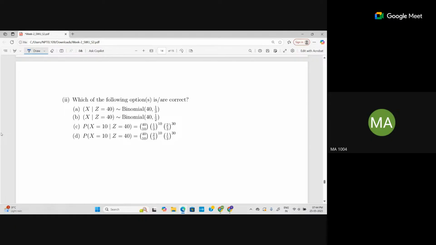Okay, and what about the other options? Option B, since it is binomial.